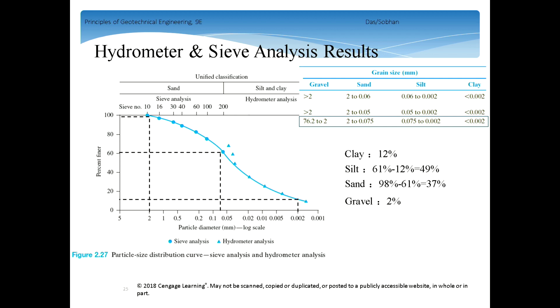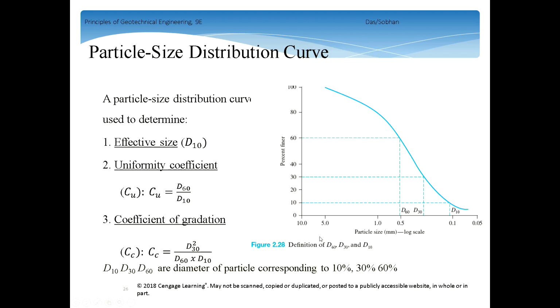But before doing this, you need to say which code you followed, right? If we change to this, the results may change, right? If you follow this code, the results will change. And this is the first thing that we can do with the particle size distribution curve.